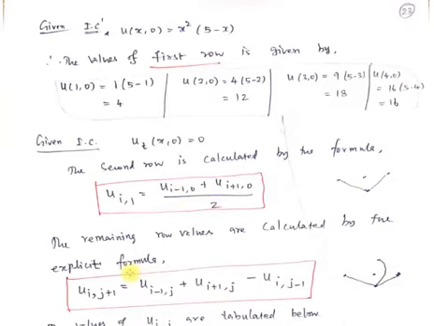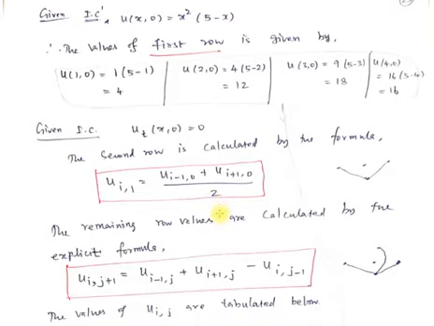The initial condition is u of x comma 0 equal to x squared into 5 minus x. Therefore, the first row value is calculated by this formula. So 4, 12, 18 and 16 is obtained. The other initial condition is ut of x comma 0 equal to 0. Therefore, the second row is calculated by the formula u i comma 1 equal to u i minus 1 comma 0 plus u i plus 1 comma 0 divided by 2.